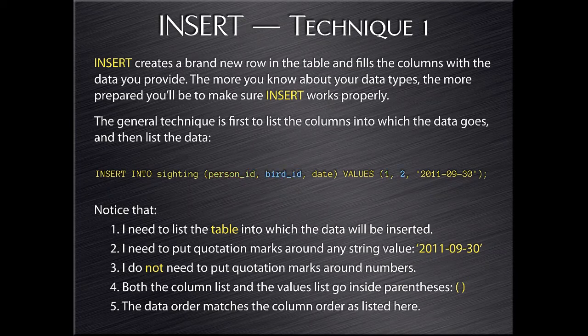Bird ID is the second column listed, and so it will get the second value in the value list. And then obviously date is the third column, and so it will get the third data value. So they go in order in that way. And that's one of the really important things to remember and to work out when we're working on the insert statement.